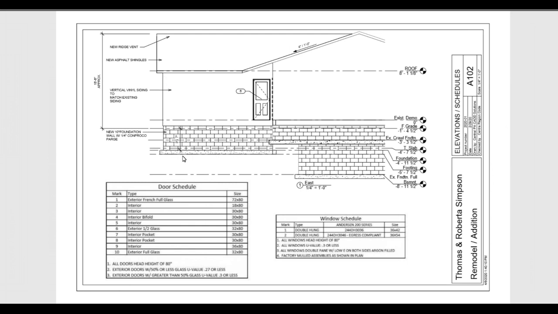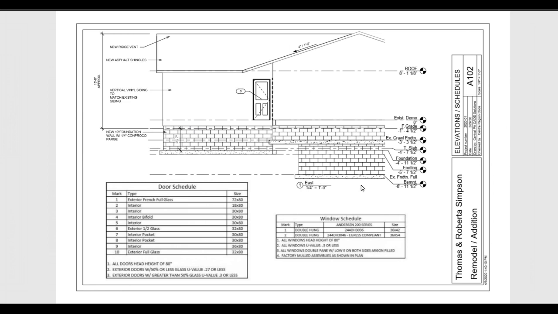Down here with the dimensions, this is kind of hard to see, but right here I can see that the finished grade line runs across here, and my footing is going to be at least 3 feet 7 below finished grade. I can see the total overall height of the new addition approximately.